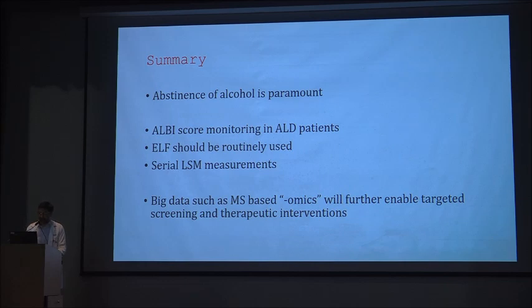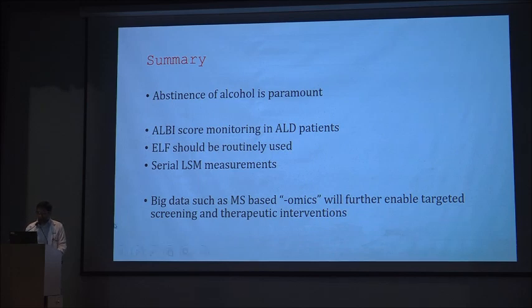ELF score should be routinely used. It has a clear advantage over FIB4 or other non-invasive testing. Serial LSM measurements, as shown in the previous study, have their own role, and even Baveno determines that 12-monthly repeat LSM should be done.